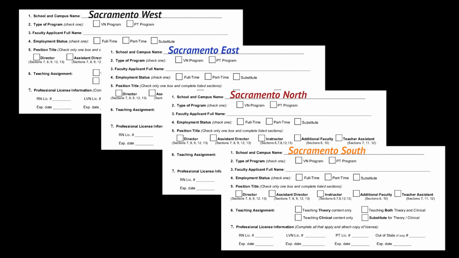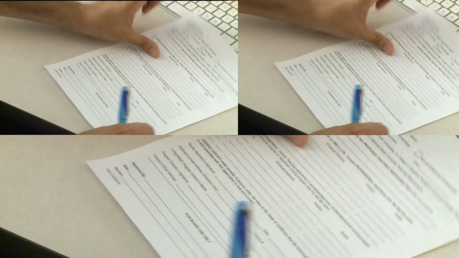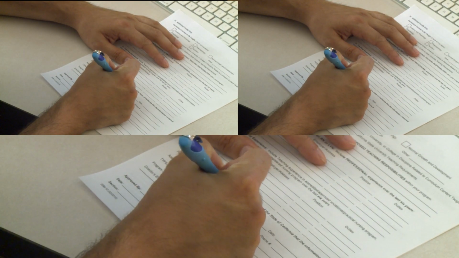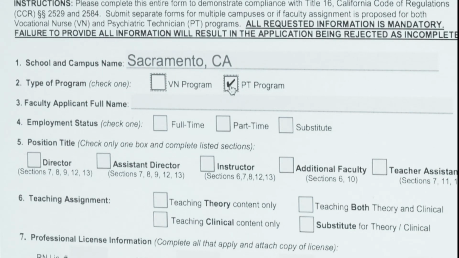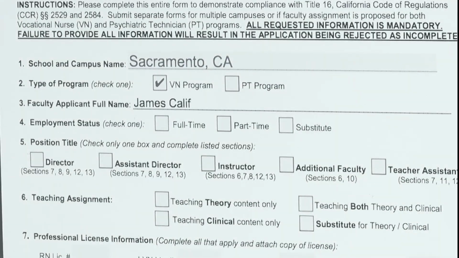If you want the faculty member to work at multiple campuses, you'll need to fill out a separate form for each campus. The same is true for Box 2, the type of program. You'll need to fill out a separate form for each program on each campus the faculty member will be working in. When you provide the applicant's full name in Box 3, make certain it matches the name on the proposed faculty member's nursing license.